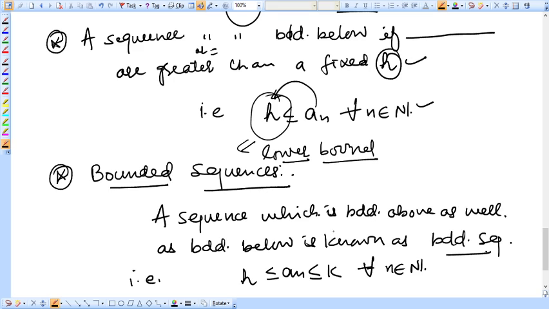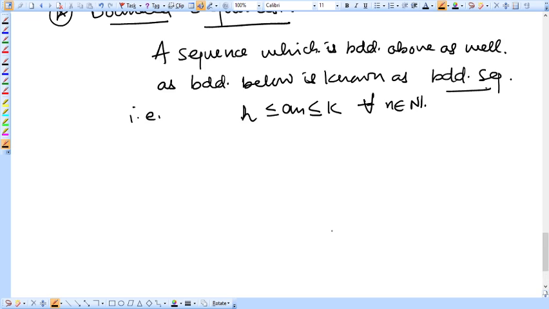An must be less than or equal to k and greater than or equal to h for all natural numbers.